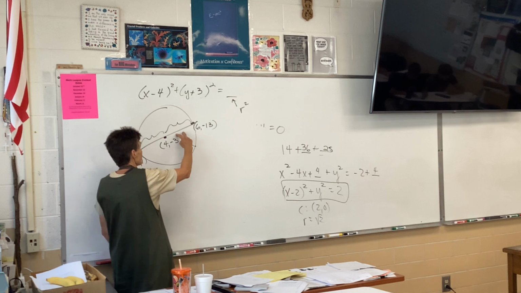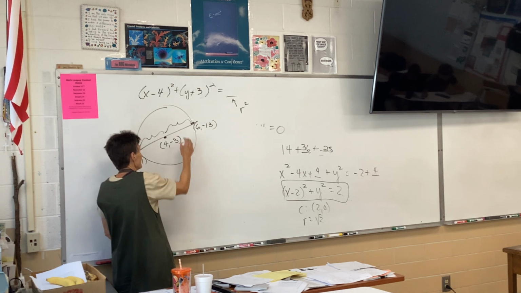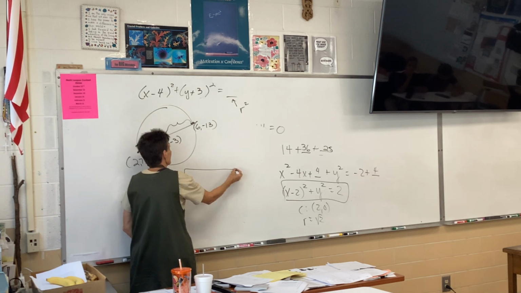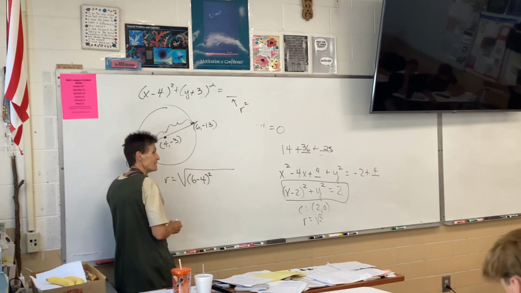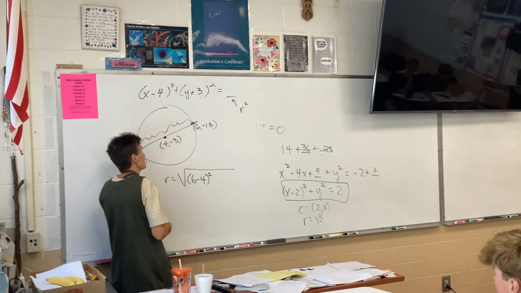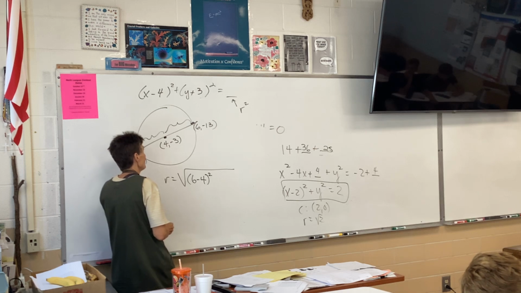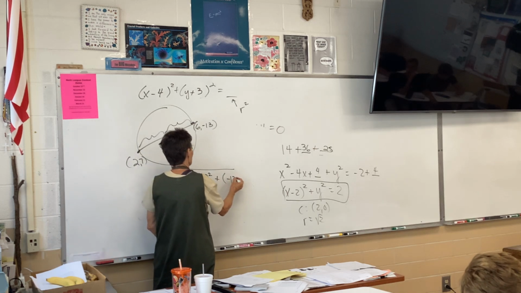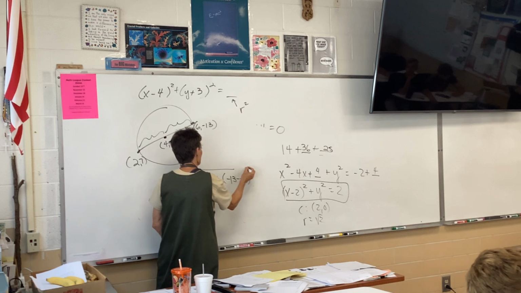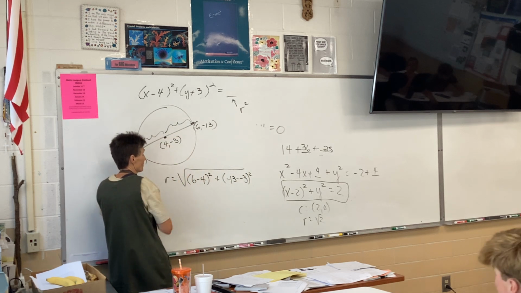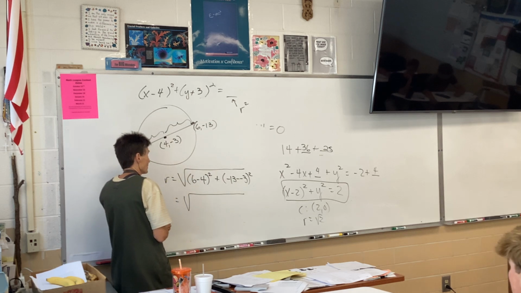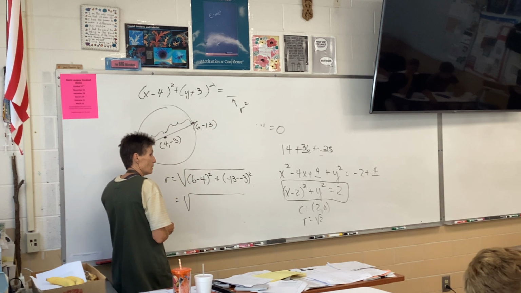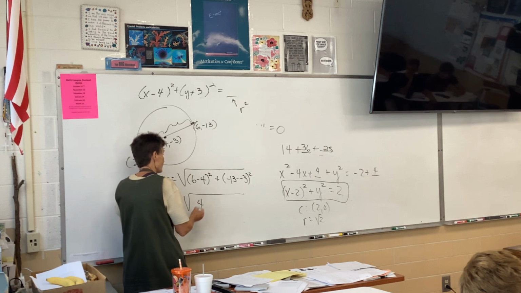So I'm going to do this one right here. That's going to be the square root of (6 minus 4) squared, this is my distance formula, plus (negative 13 minus negative 3) squared. So 6 minus 4 squared is 4.